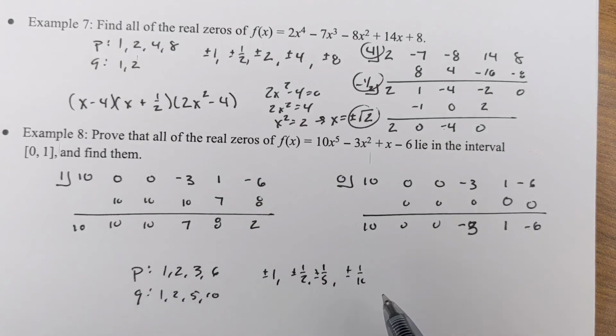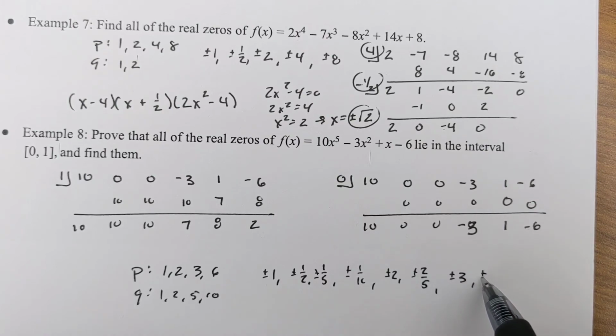That's the 1 with all of them. And we've got 2 over 1, so plus or minus 2. 2 over 2 is 1, we've already got that. 2 fifths, 2 over 5. And 2 over 10 is 1/5, we already have it. So 3 over 1 is 3, 3 over 2 we don't have, 3 over 5 we don't have, and 3 over 10 we don't have.